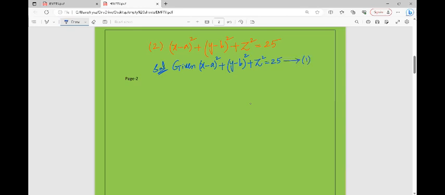Now we start our regular work, that is differentiating equation number 1 with respect to x partially. What does partially mean? Partially means we are differentiating only x, and we are not disturbing y at all. Right? Yes sir.